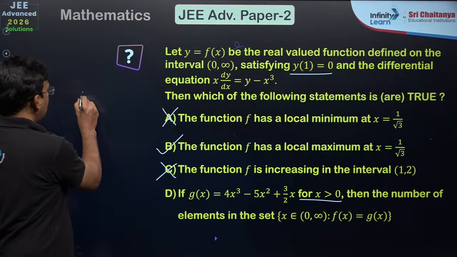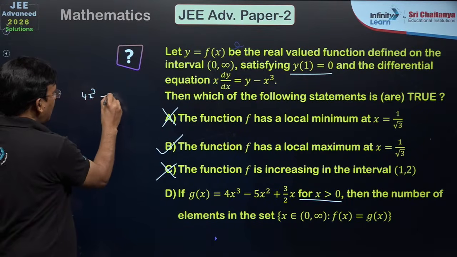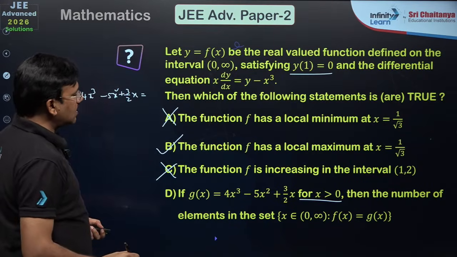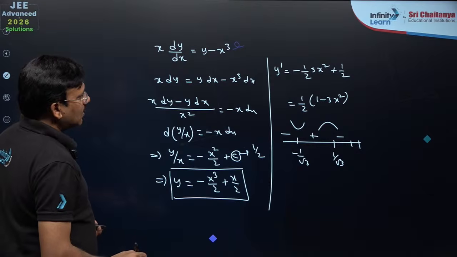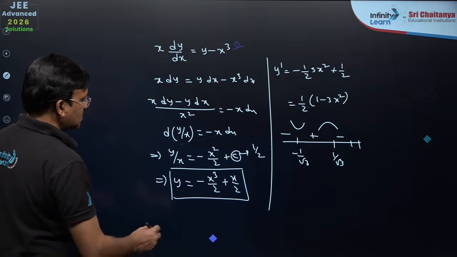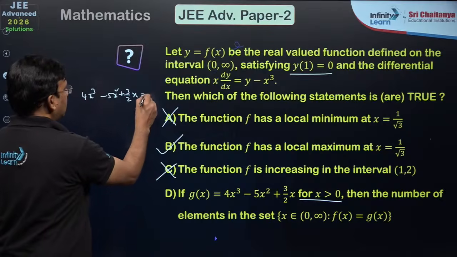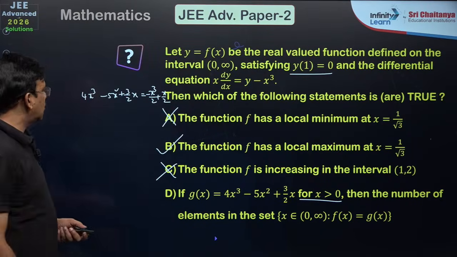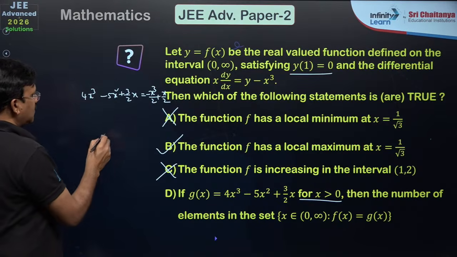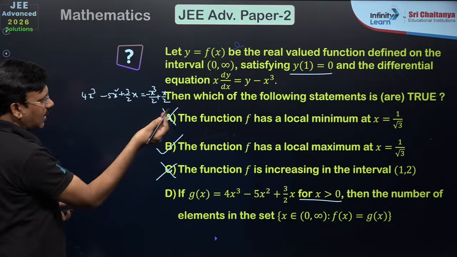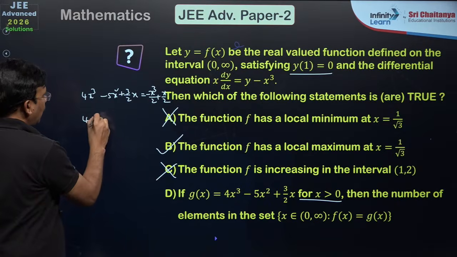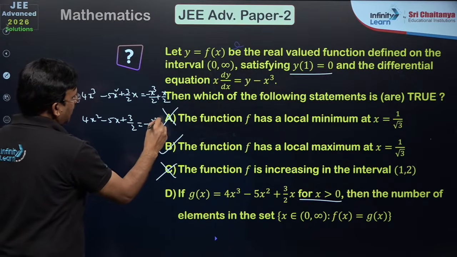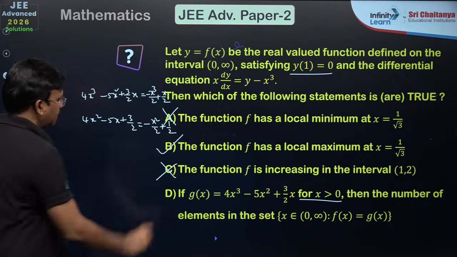And the last, f of x equals g of x has solutions for x positive. Simple, you simply equate 4x cube minus 5x square plus 3 by 2 into x equals minus x cube by 2 plus x by 2. You can cancel x, since x equals 0 is not wanted, I want positive solutions. 4x square minus 5x plus 3 by 2 equals minus x square by 2 plus 1 by 2.